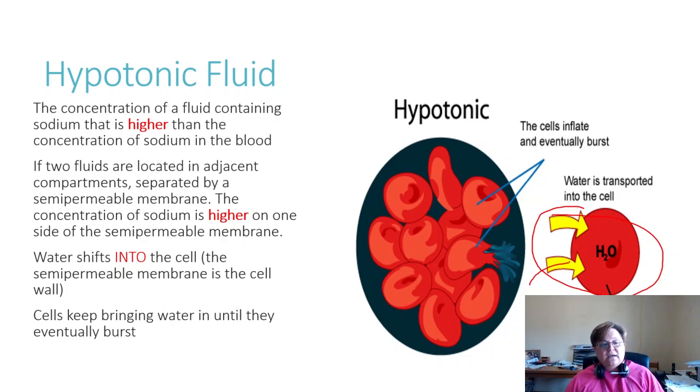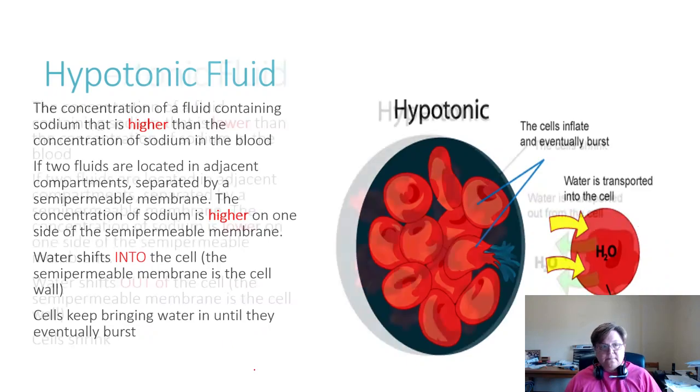So the concentration of sodium, when it's higher outside of the cell, the water shifts into the cell, and it keeps bringing water in until either they equal, the inside and outside become equal, or the cells eventually burst. The intent in medicine is not that the cells burst, it's to equalize the situation.